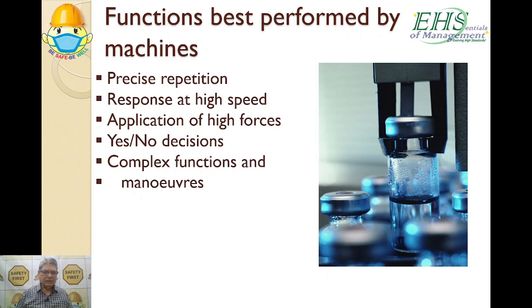And complex maneuvers: we can't bend or twist our body in certain ways, so certain maneuvers are not possible for the human body, but they are possible for machines. So there are certain functions best performed by machines, and there you are supposed to use machines.